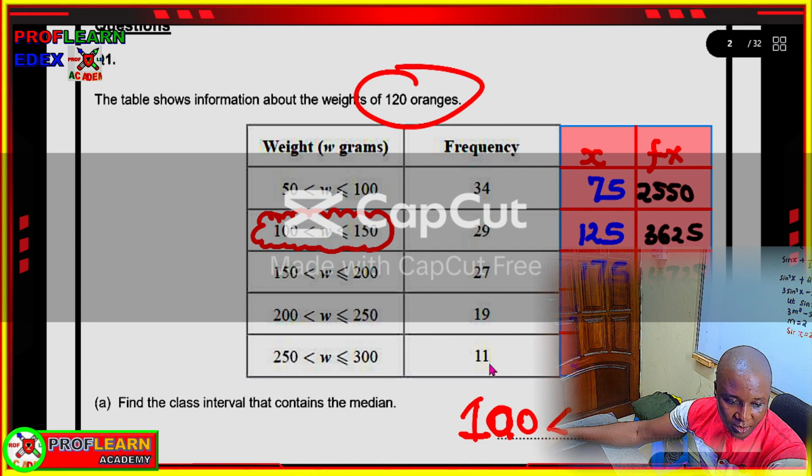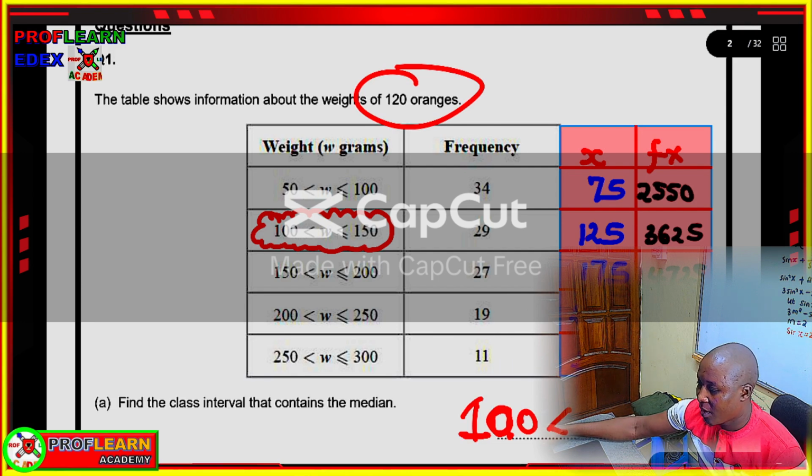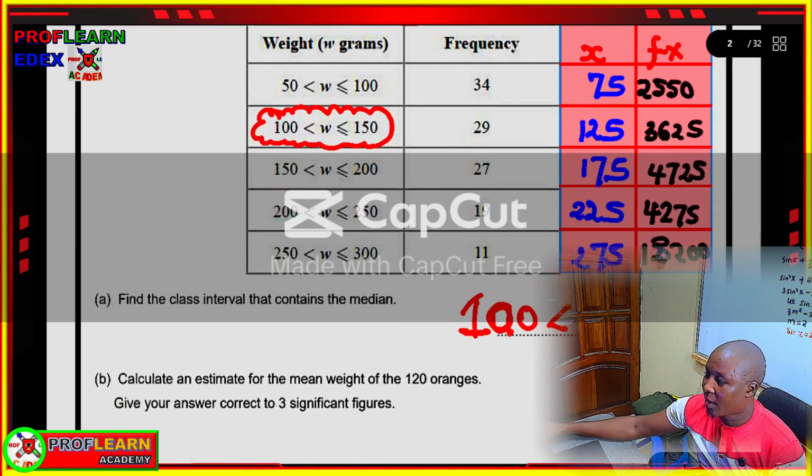And 11 times 275, that's going to translate to 18,200. You can just check that using your calculator.